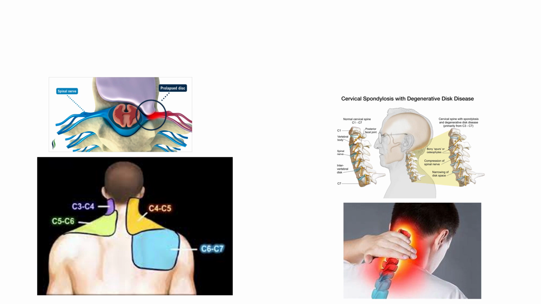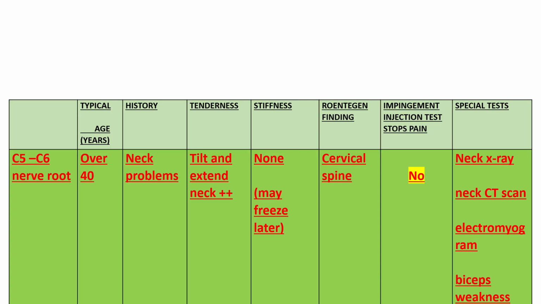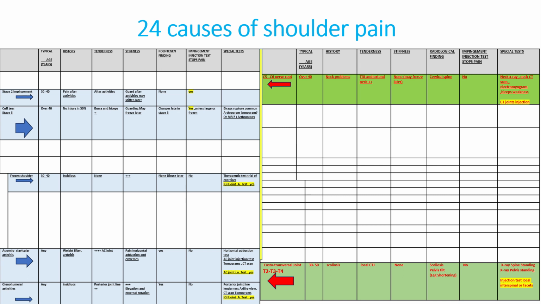The nerves run from up to down, so you first have to start treating the cervical problem, and after that the shoulder, because after treating the cervical problem the shoulder may improve, not the opposite. While on examination and testing, we do the opposite. So here is also the injection.